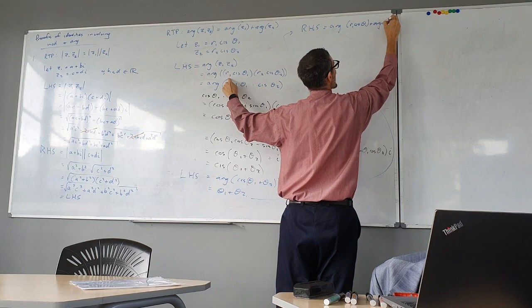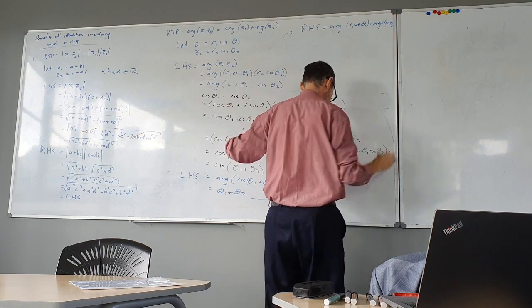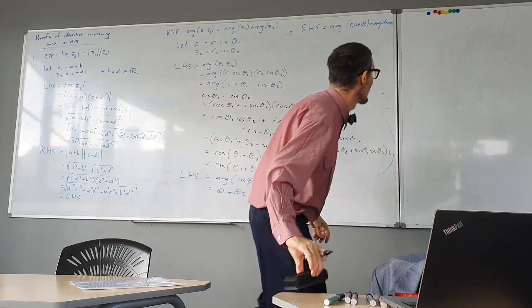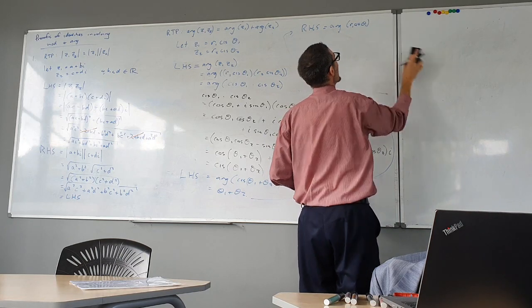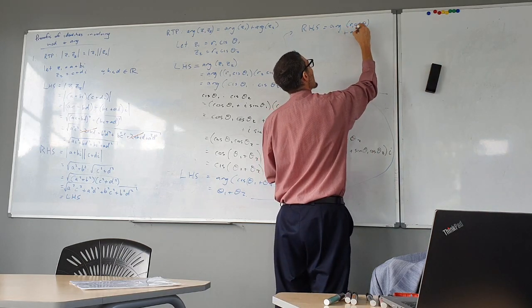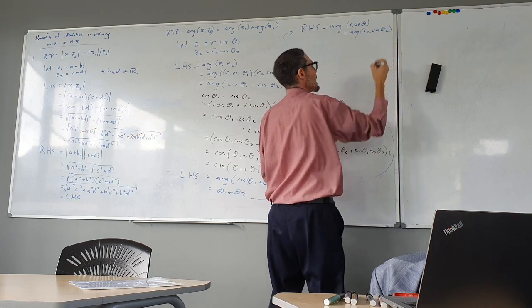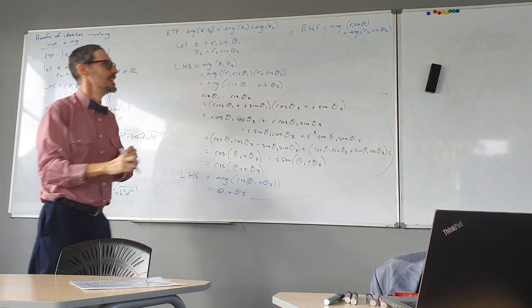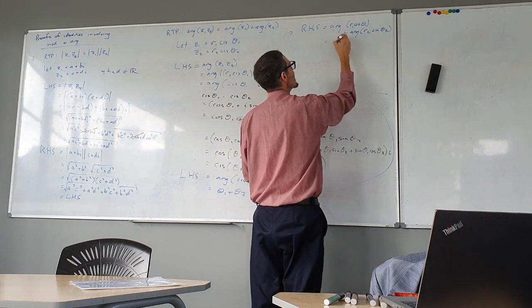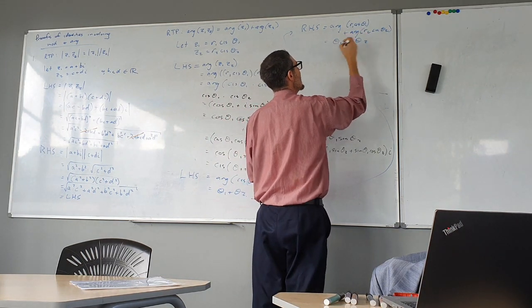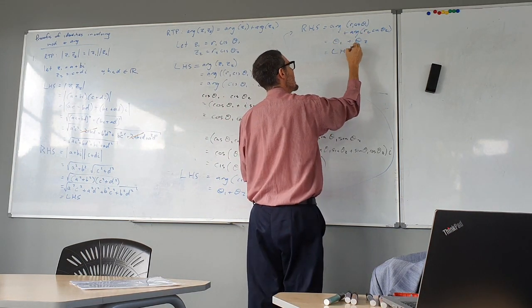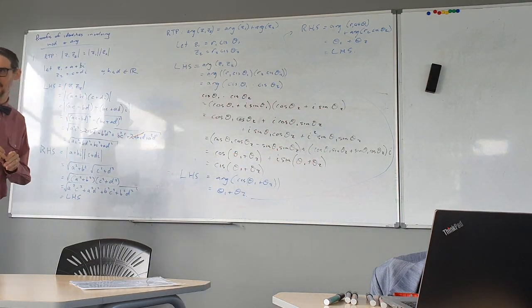Oh, I should leave myself more room. You should be able to see where I'm going now. That's theta 1 plus theta 2, which we now know is the same as the left-hand side.